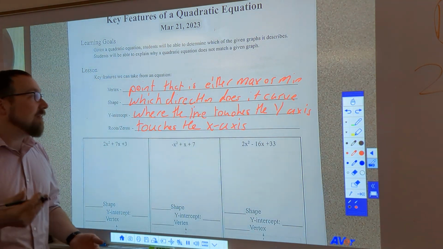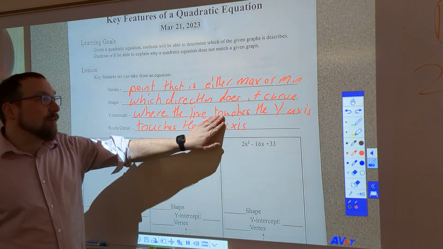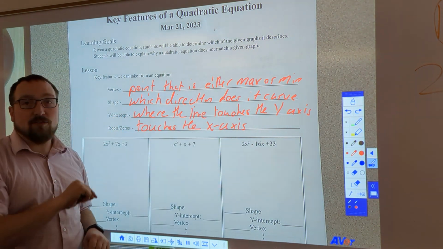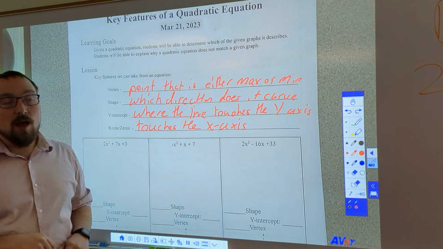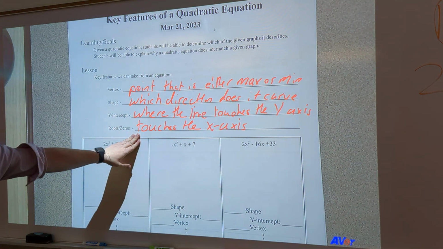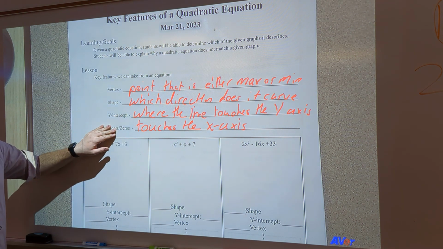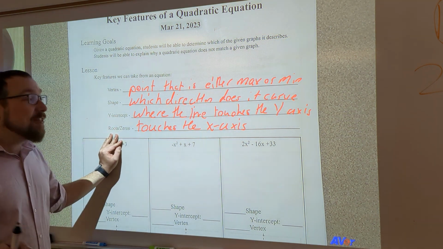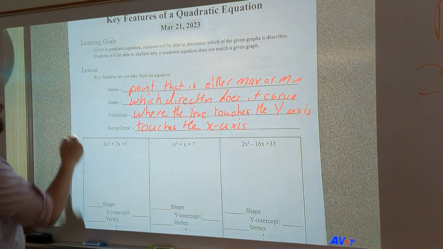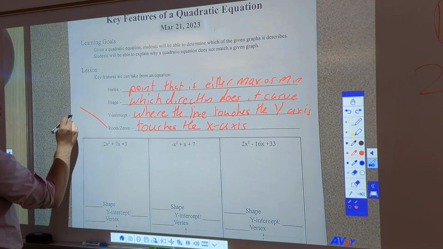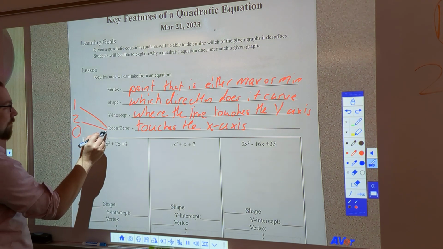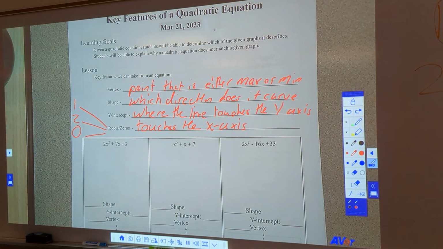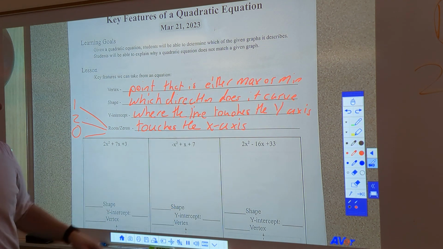As a quick reminder, there is only ever one y-intercept. There's always exactly one y-intercept. For parabolas, though, with their roots or their zeros or the x-intercepts, there can actually be either 1, 2, or 0. I'll show you that example later on.